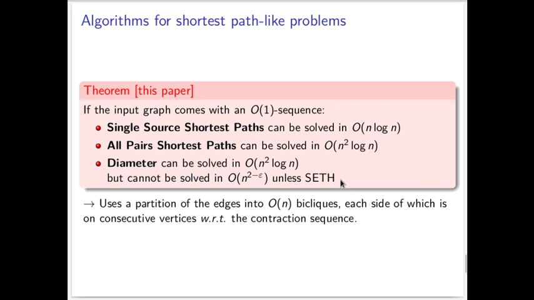This allows us to obtain algorithms with a better running time than in general graphs for single source shortest path, all pairs shortest path, and diameter.